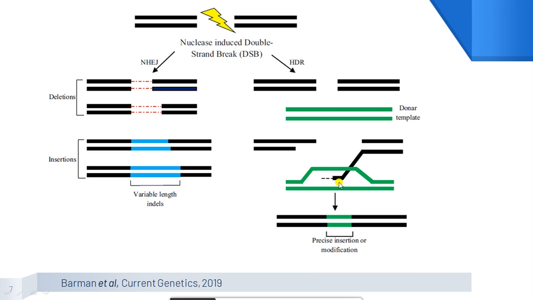This gap will be filled by the addition of nucleotides complementary to this particular site. So, for example, at my target site we can add this sequence complementary to this sequence in the new DNA. This is the insertion or modification. You can also add some modified or altered nucleotides here. This way, by homology directed repair and using the CRISPR-Cas endonuclease, you can add a new nucleotide or modify the existing nucleotide.